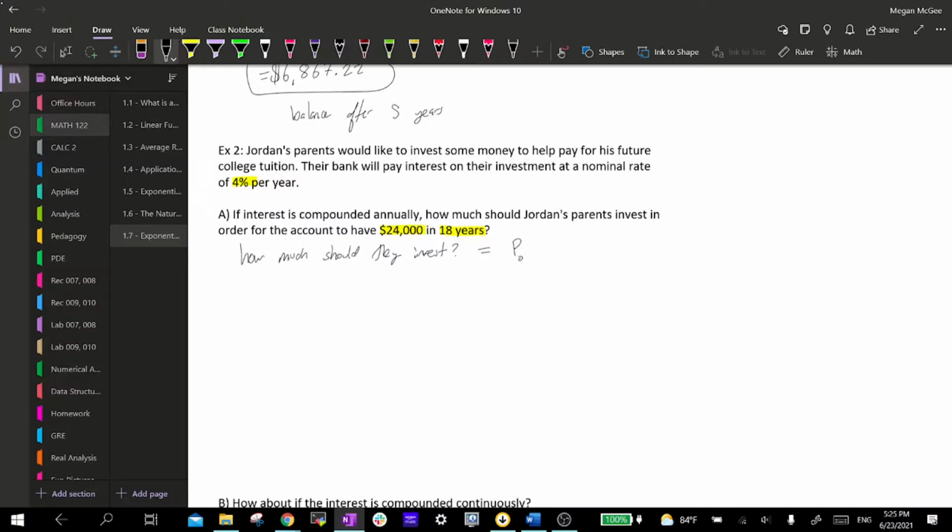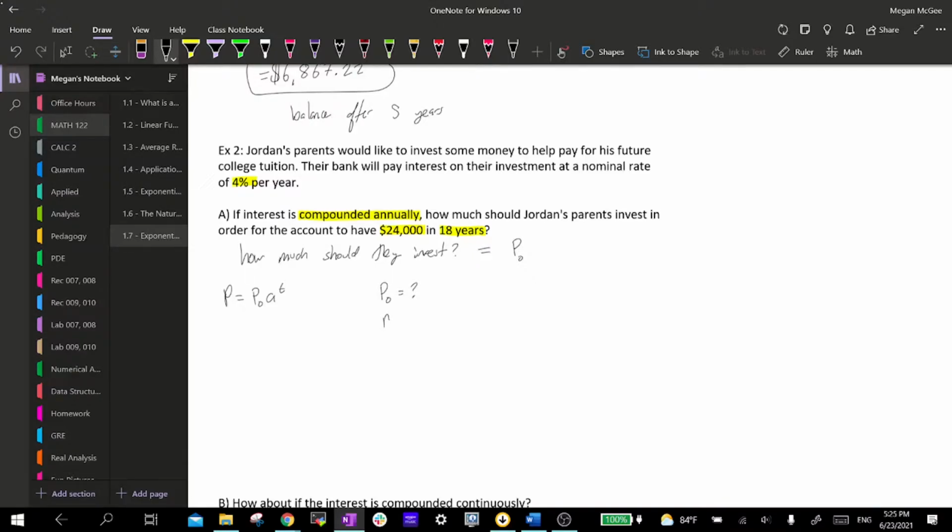All right, so we are also compounding annually, which means we're going to use our general form. So we have P is equal to P naught A to the T. Okay. We know that our rate, let's see, I'll write all this out. So our P naught is what we don't know yet.